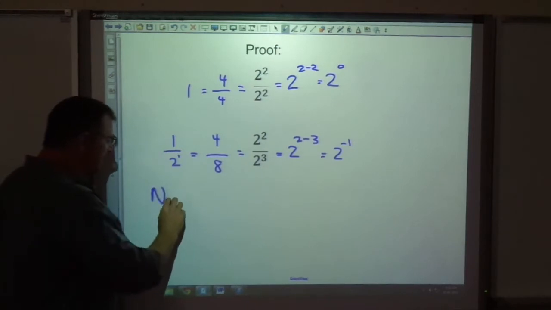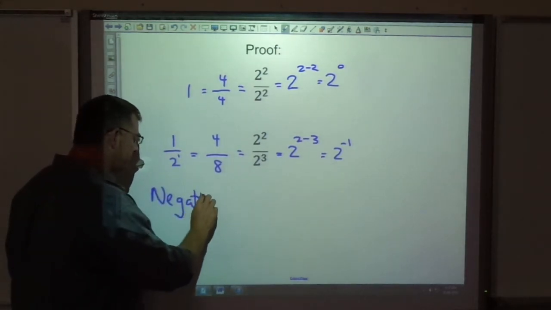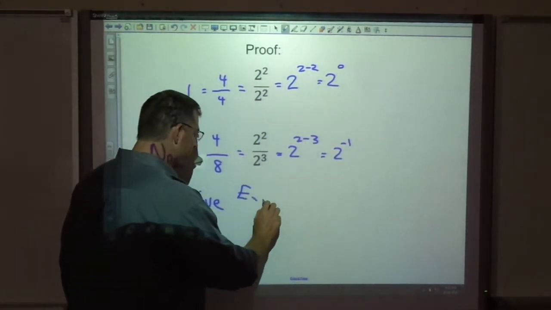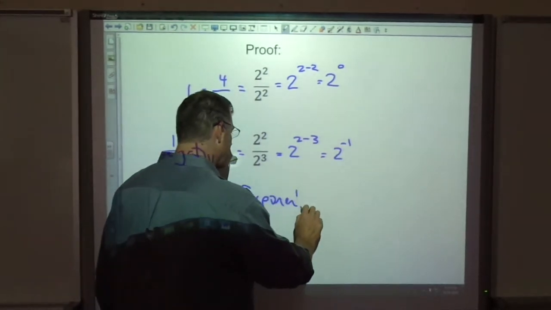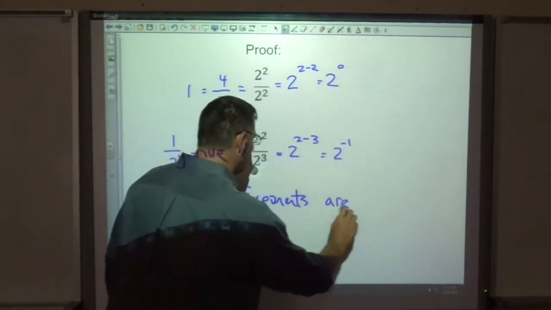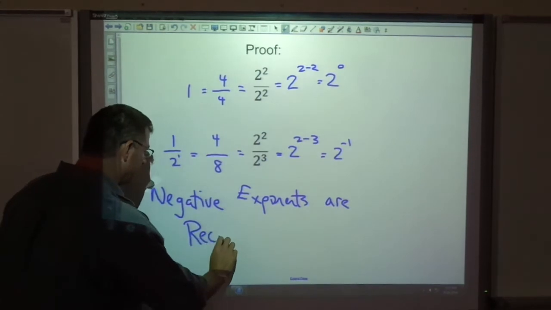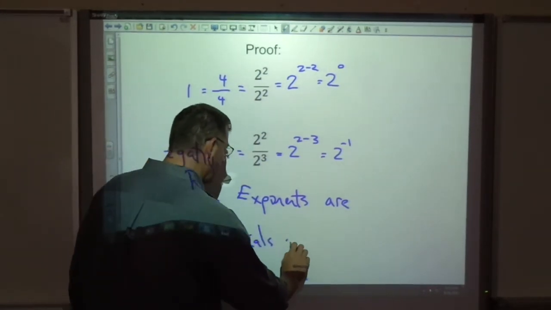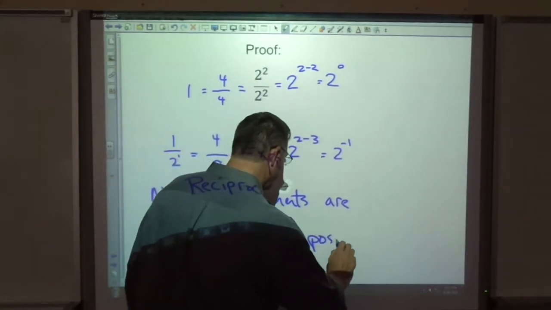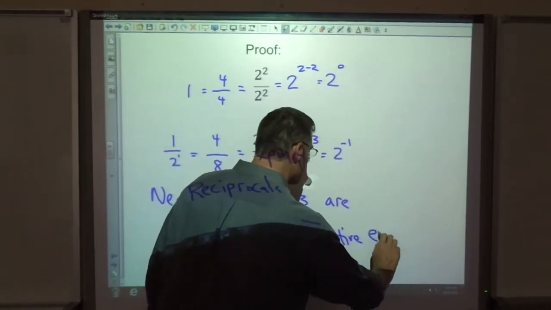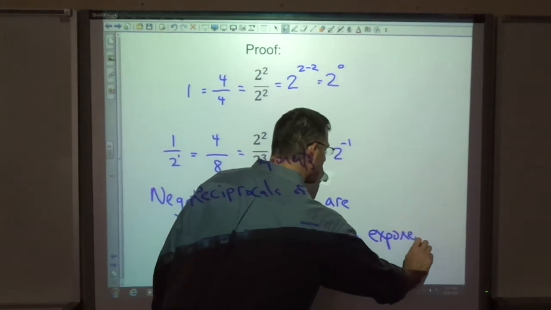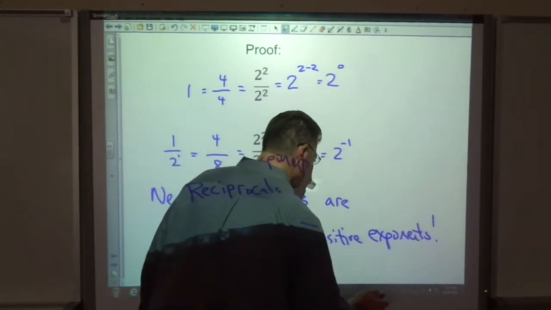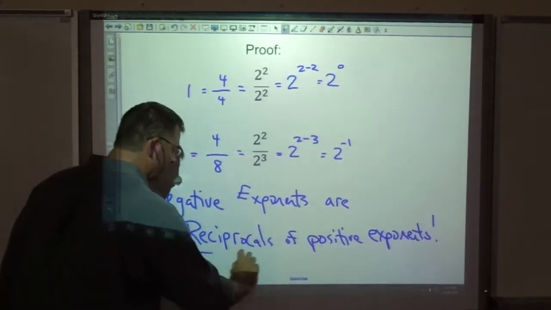So the negative exponents are reciprocals. That's a key word, reciprocals.